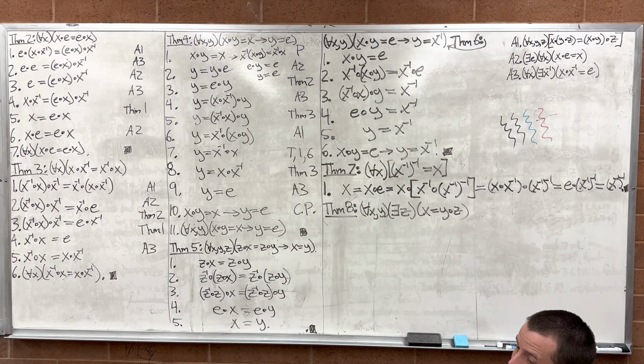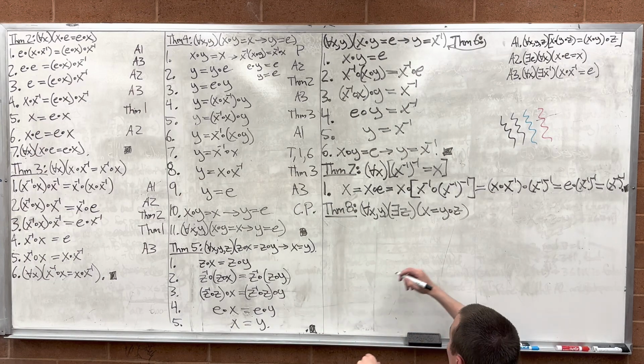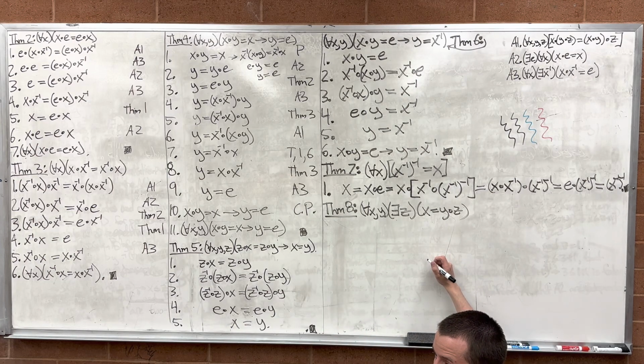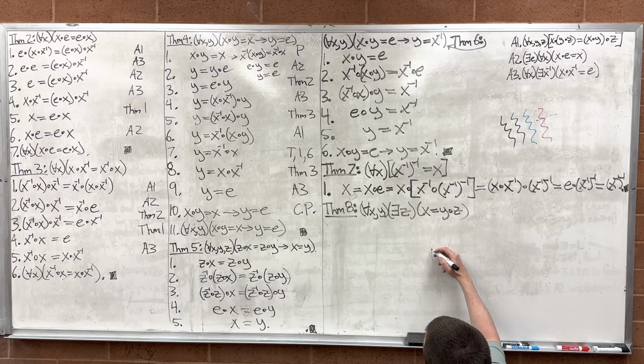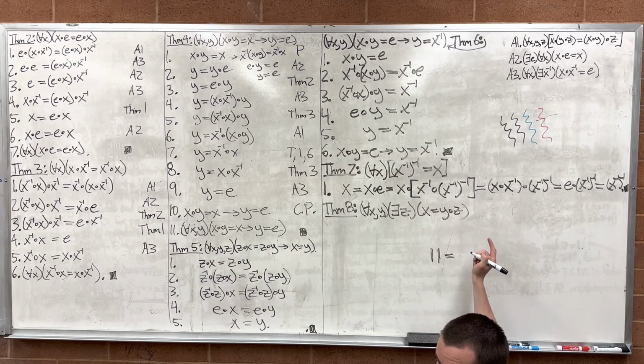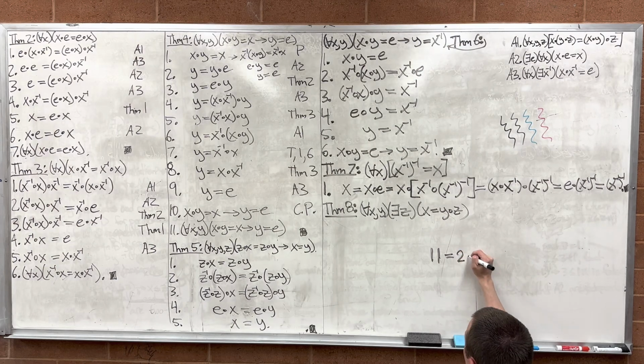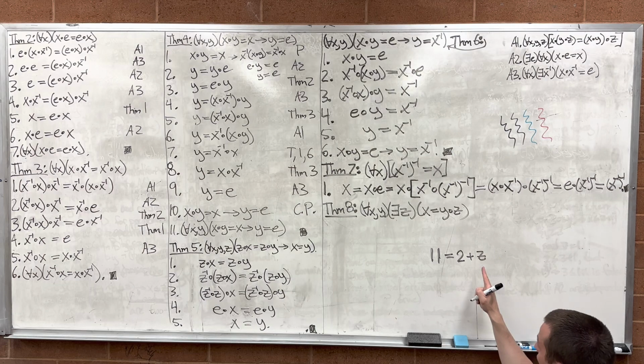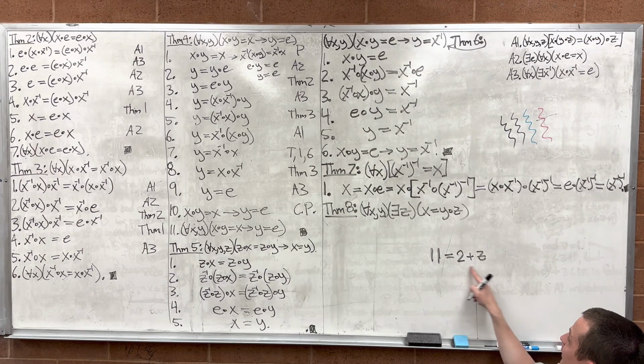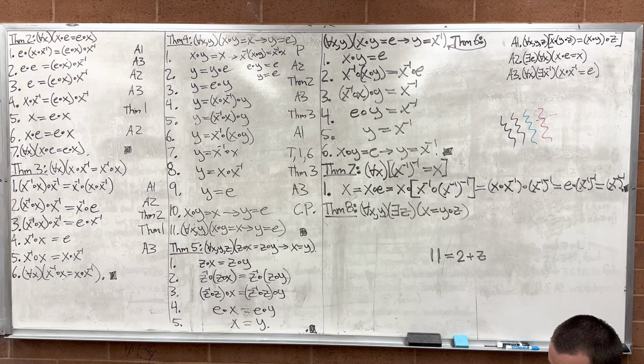Let's think about this in terms of arithmetic for a second. I'm saying come up with any two numbers you want. Something like 11, and pick a y. 2. We're saying that we can always find some z that satisfies this equation. In this case, what's the z? 9.